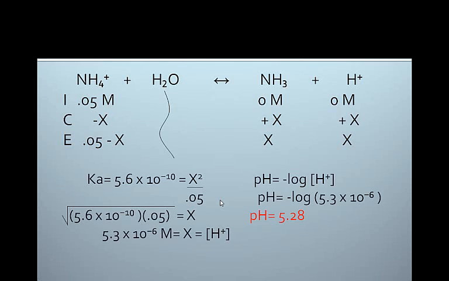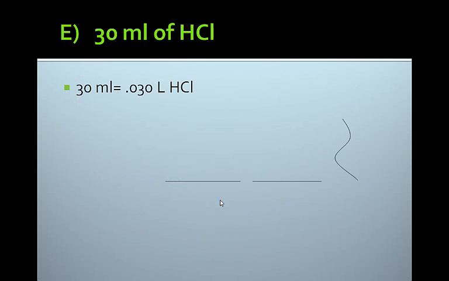And then when we solve for x, we get 5.3 times 10 to the negative 6 molar, which is our concentration of the H plus. And the pH equals negative log of the concentration of H plus. So pH equals negative log of 5.3 times 10 to the negative 6, and that equals 5.28.